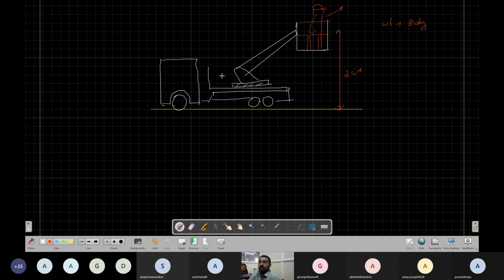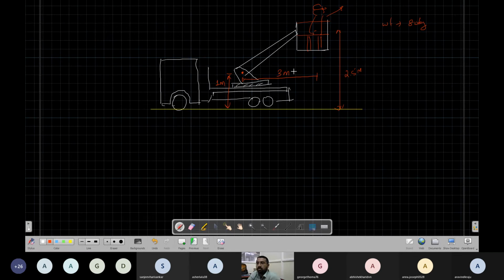Now the height of this point, let's say it is 1 meter. Now let's say this horizontal distance is 3 meters.